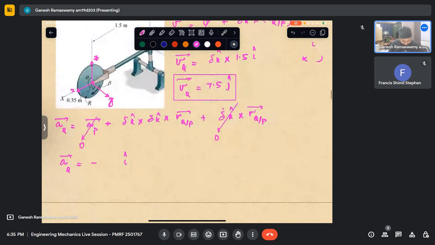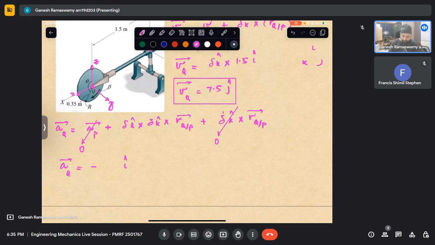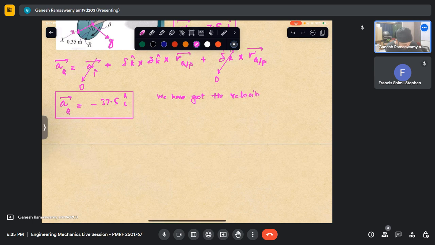Delta squared into 1.5. So 5 into 5 into 1.5. So it is 37.5. So we have got velocity and acceleration of the coordinate.